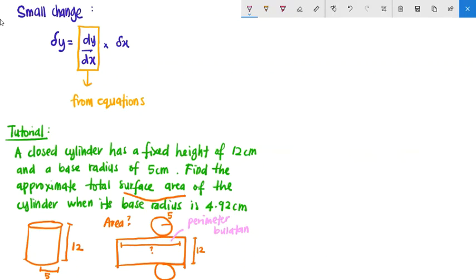So kita ada, okay, saya buat besar sikit kat sini lah. Untuk sini area is equal to 12. Okay, kita cari area circle. A is equal to 2 pi r.